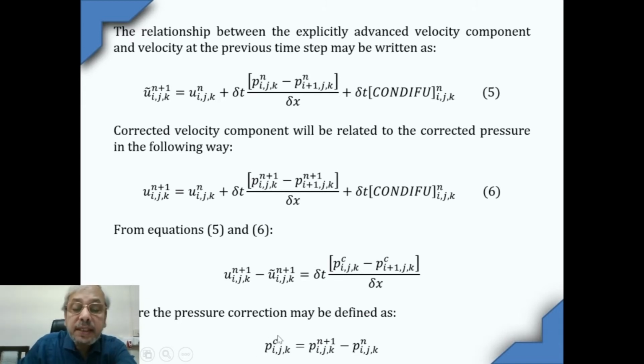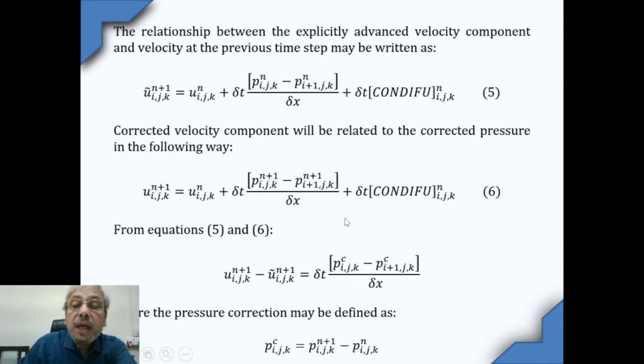So Pijkc is the pressure correction at the IJK cell, and if these pressures are corrected, then instead of Pijk at n, we will have Pijk at a level n plus 1.